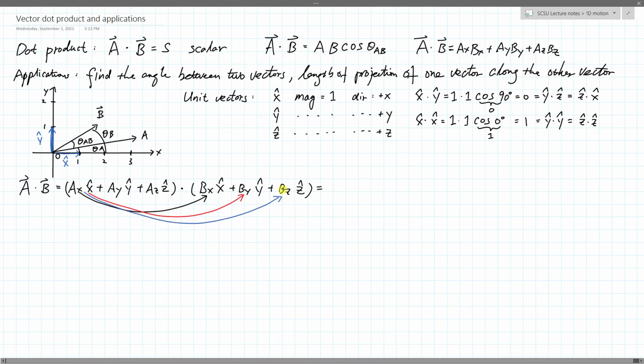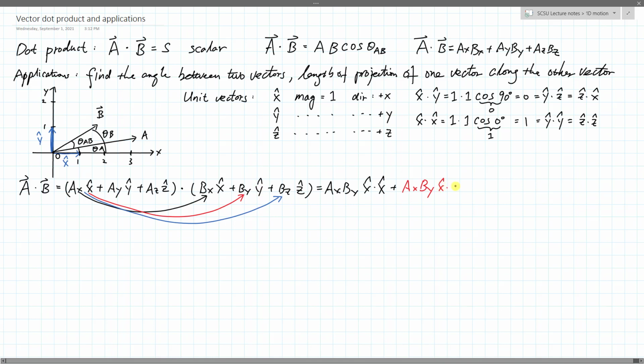So distribute this term, and let's see what that is. Here a_x, and here we have b_x. So a_x b_x, x hat dot x hat. That is equal to 1. Now let's see the next term, in red. So a_x b_y, then x hat dot y hat.